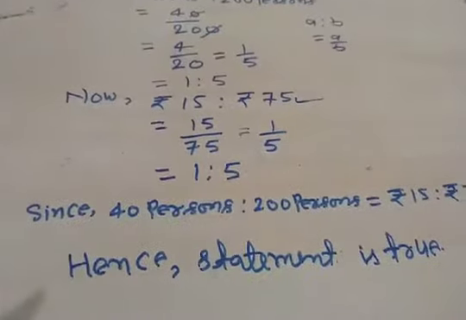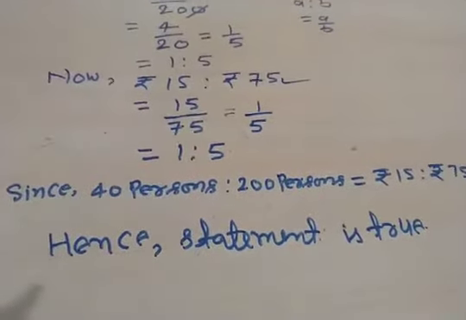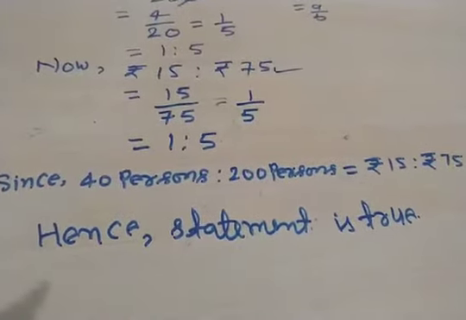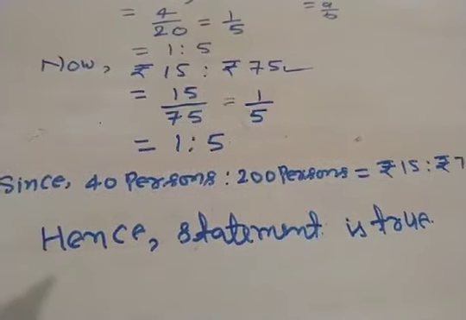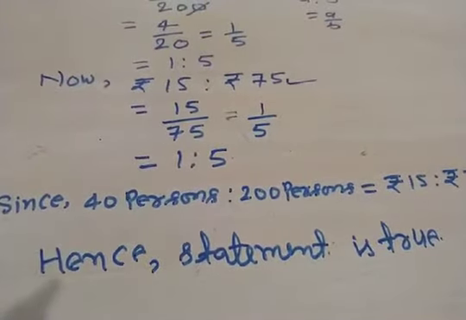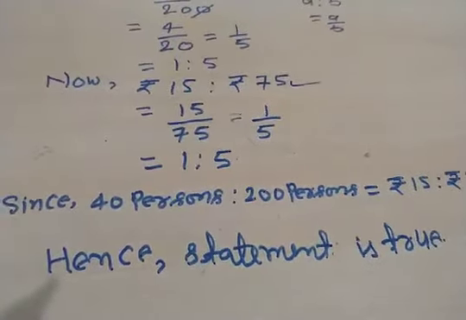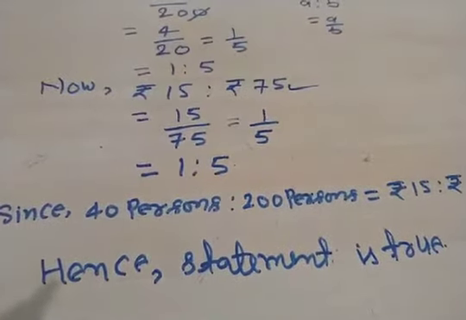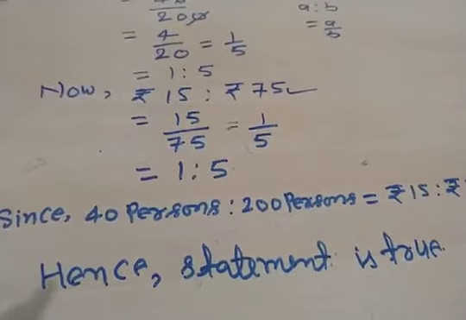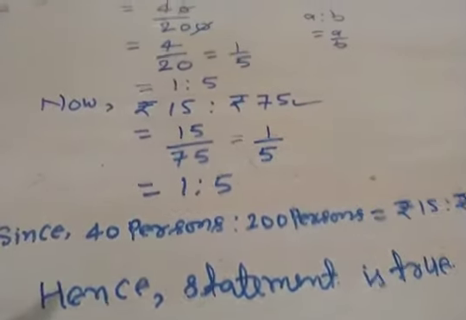Now we are going to solve the next part of question number 3, that is part B. Let's see how to verify it. This is given: 7.5 liters ratio 15 liters is equal to 5 kg ratio 10 kg.